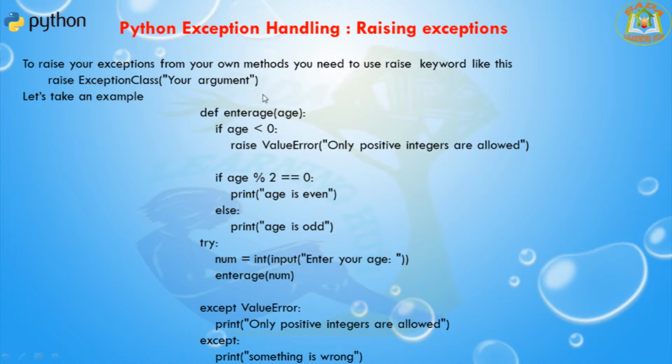The argument is optional. If not supplied, the exception argument is None. If you are not interested in sending anything, by default it is going to be None.